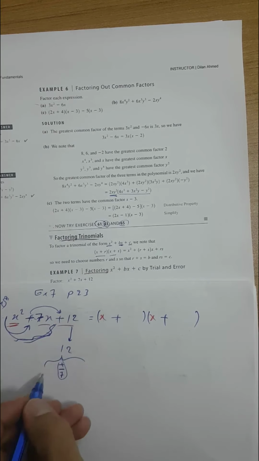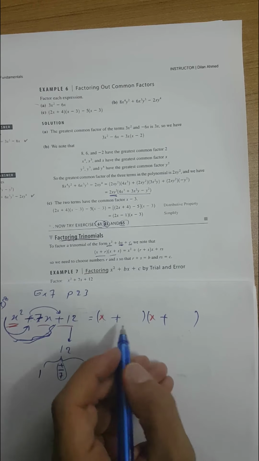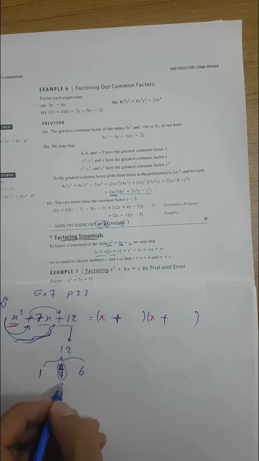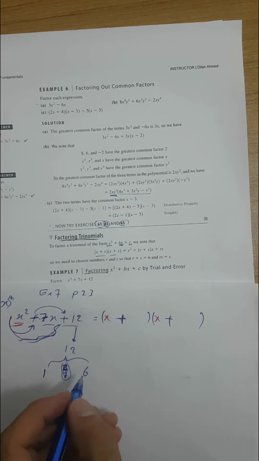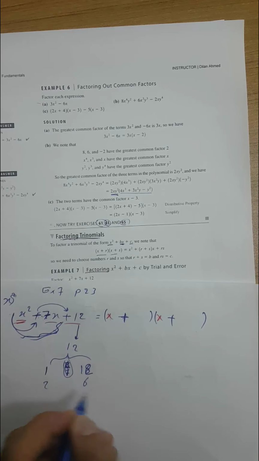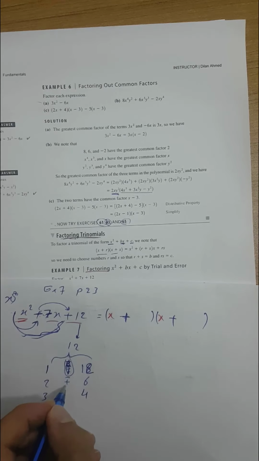Now factoring 12, maybe 1 and 6, so sorry, we have addition here, so just addition. So maybe 1 by 12, or 2 by 6, or 3 by 4. Which of these, plus and minus, is equal to 7?